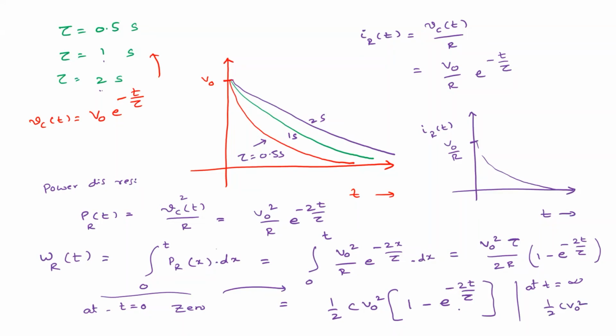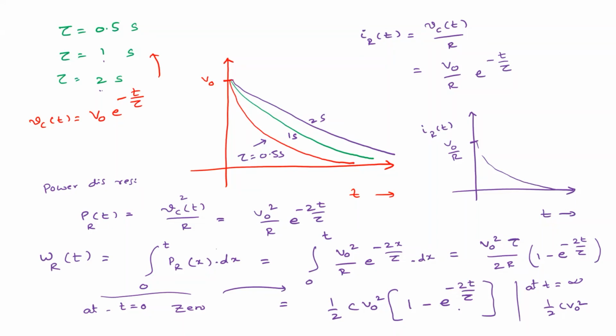The whole energy is absorbed by the resistor. The whole energy is consumed by the resistor. Whatever energy is present in the capacitor, that is absorbed by the resistor.